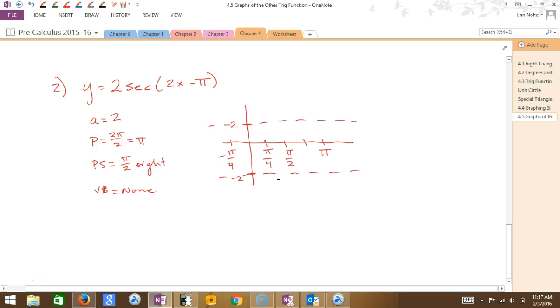I need to move this to the right pi over 2 units. First of all, how many increments is pi over 2? 2 units. So I need to take this and move it 2 units to the right. Boom, boom. So this is my first increment. Everybody see that? So right on my third one.